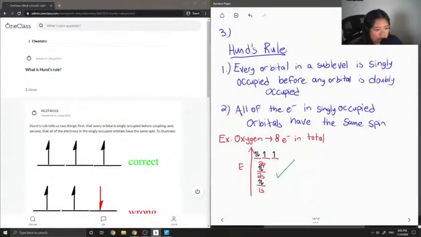Just for comparison's sake, let's look at what happens if we did it the wrong way, with 1s, 2s, 2p.